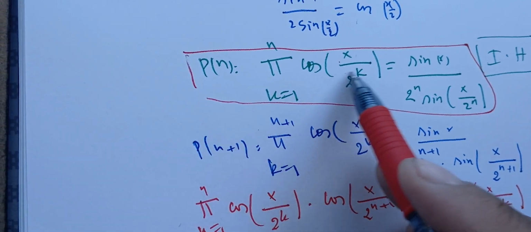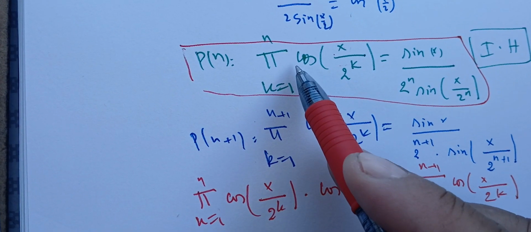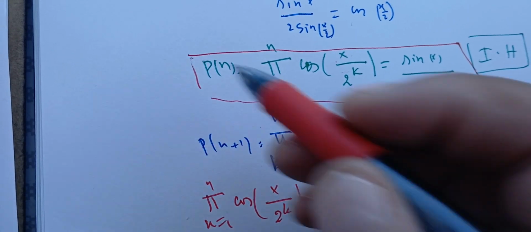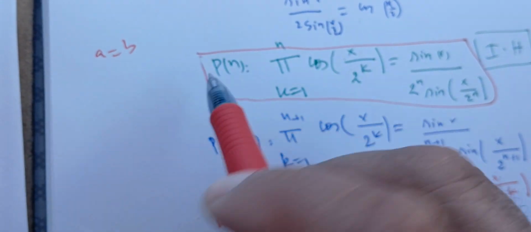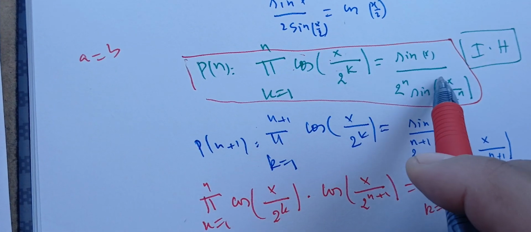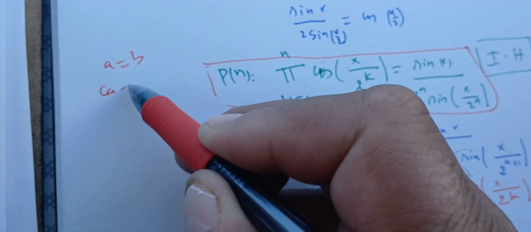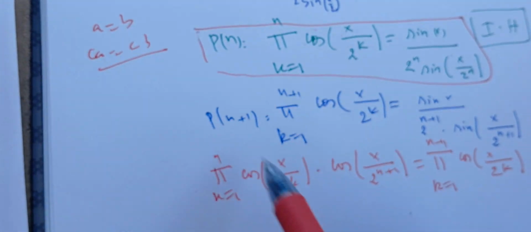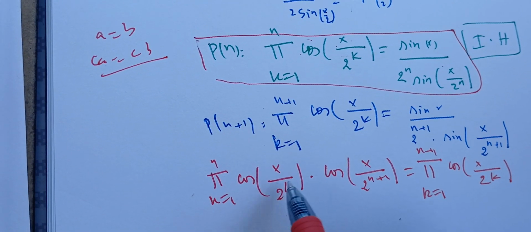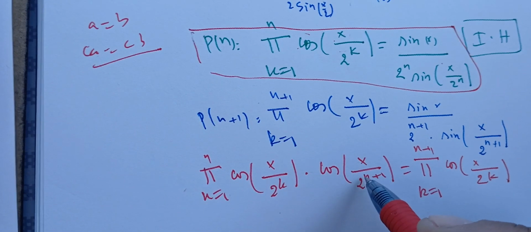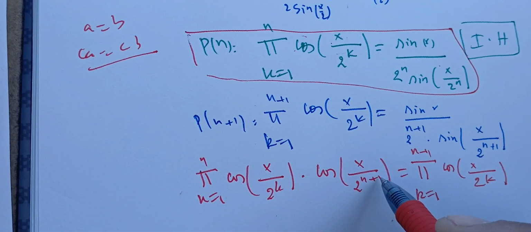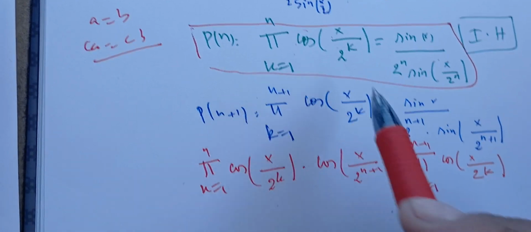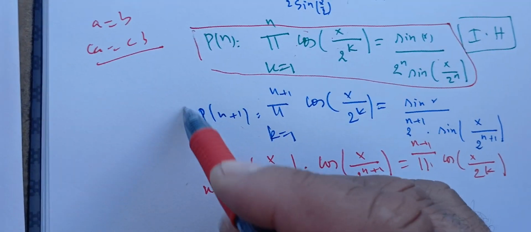And we can do this because, given that a equals b, if we multiply both sides by c, nothing is going to change. Our c in this case is cosine of x over 2^(n+1). So this is our left side that we want to prove.